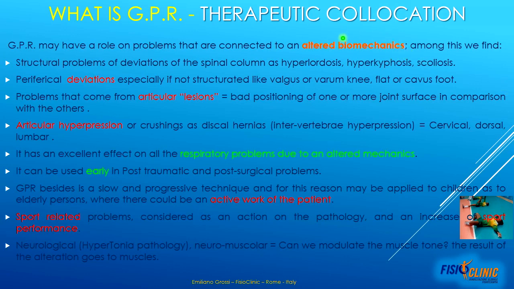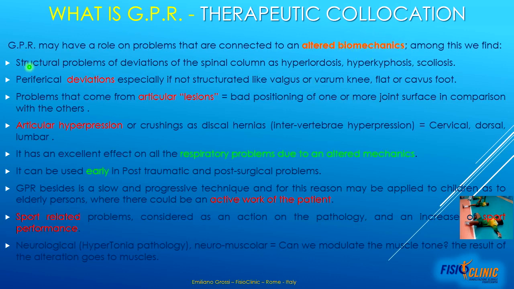So among these we find, for example, structural problems of deviation of the spine like hyperlordosis, hyperkyphosis, and scoliosis. Also peripheral deviation, so imagine for example a valgus of a knee that is correlated with an internal rotation of the femur. That's a biomechanical alteration we can face.